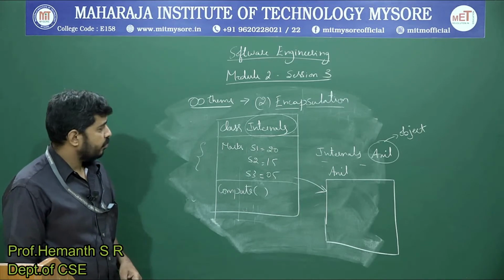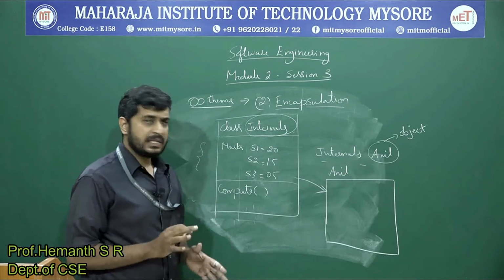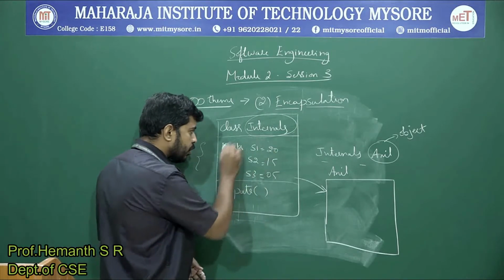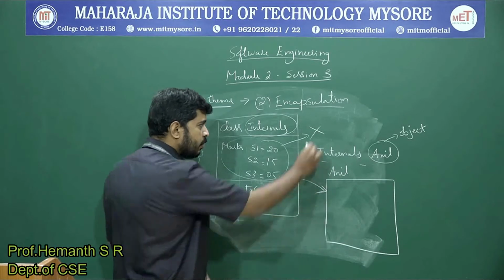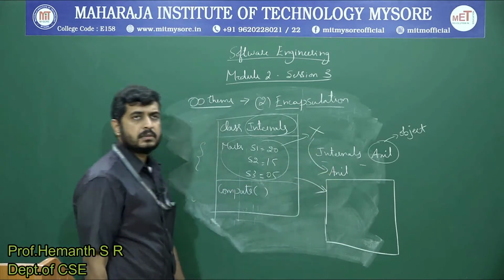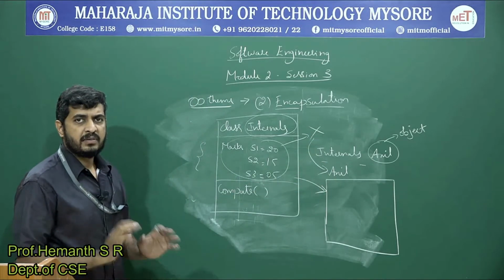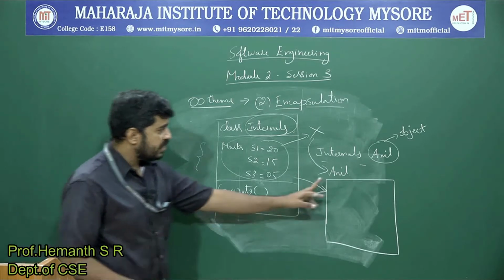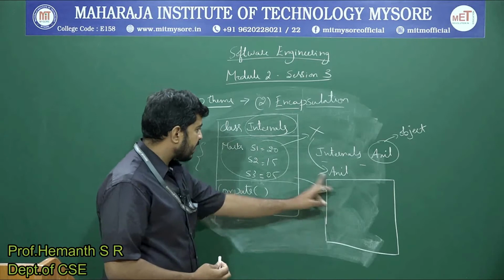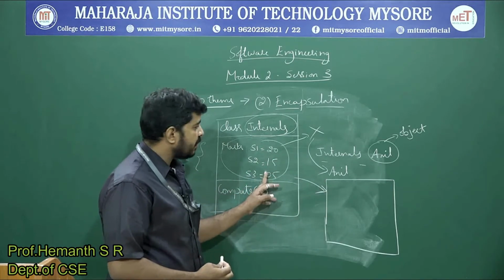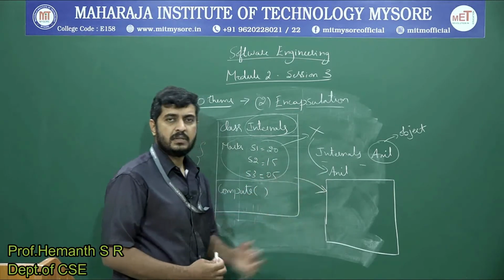But our design plan is that this should not be accessible to the Anil object. Can we have this design? An object that is created for a class should not be able to access the data, but still it should be able to process it.